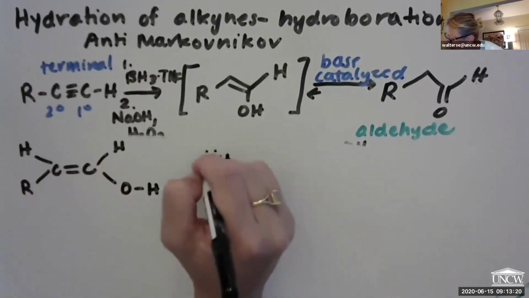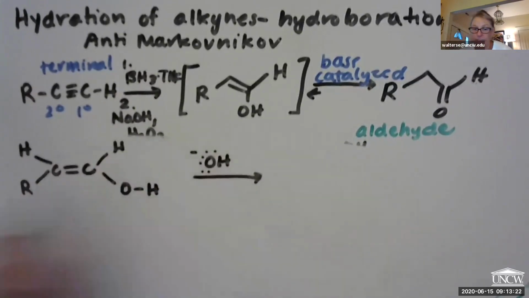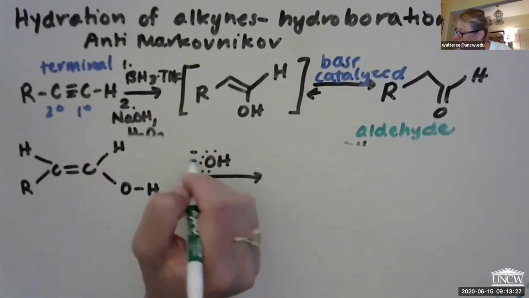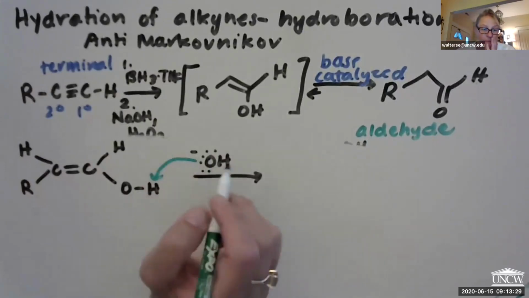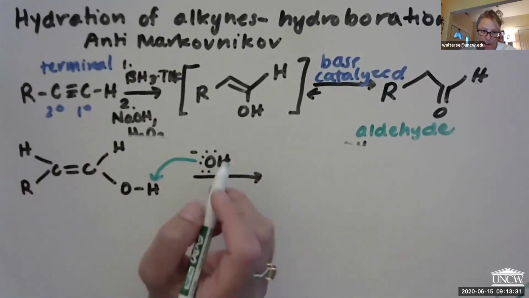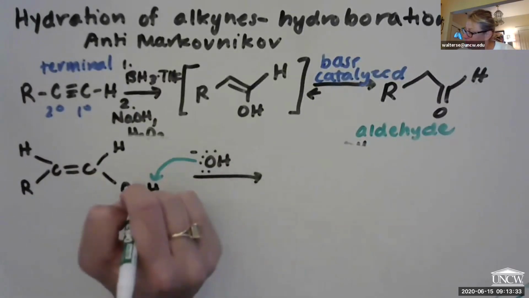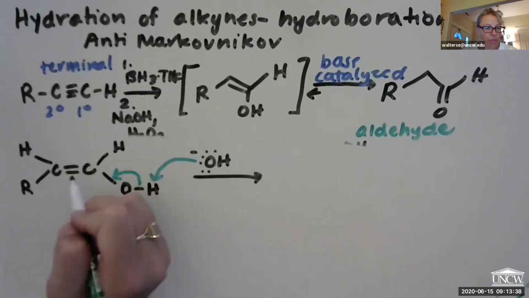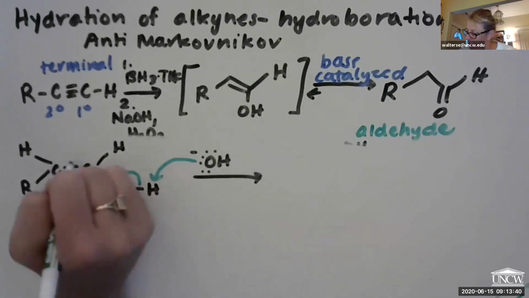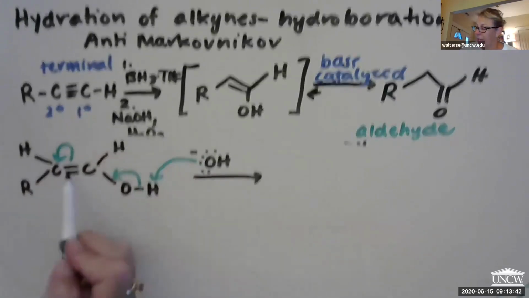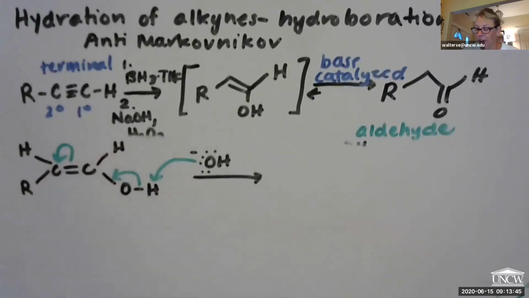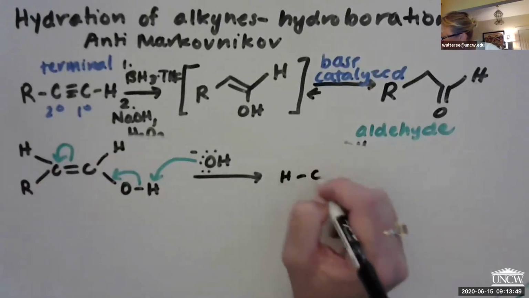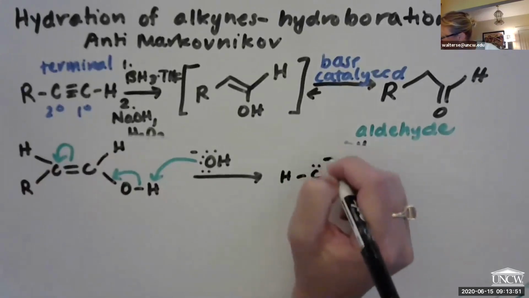So you have your base, which will be hydroxide from your sodium hydroxide. And it will pull the proton off of the alcohol in the enol. These electrons will fall into a pi bond, and so that you do not violate the octet for the carbon, you end up putting the pi bond electrons on the carbon, which is going to make that carbanion.